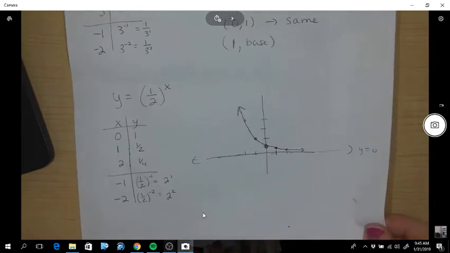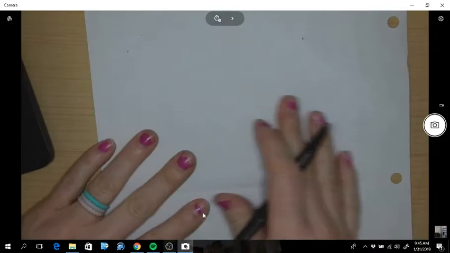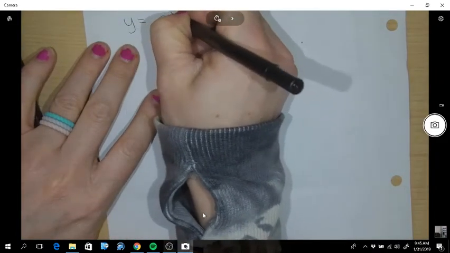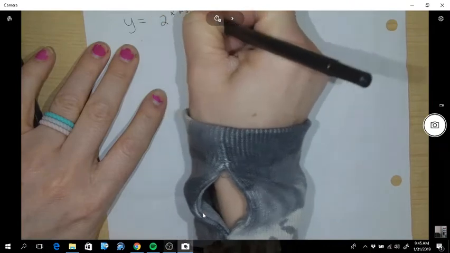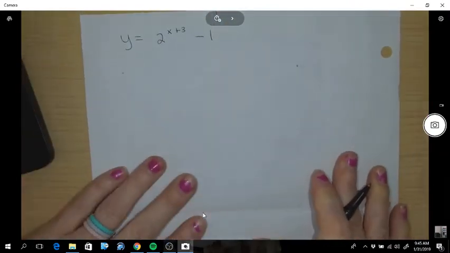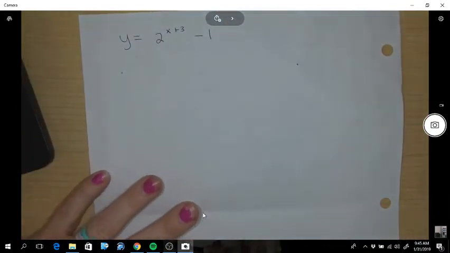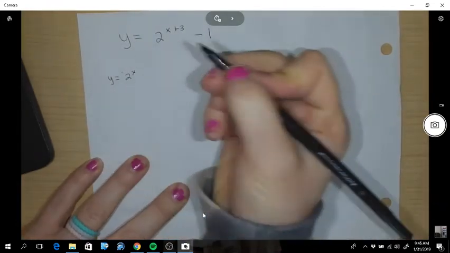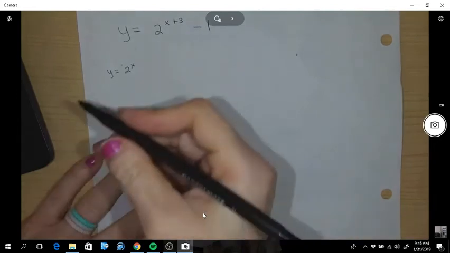So let's put some transformations on that, of course. So y equals 2 to the x plus 3, subtract 1. Okay, so let's just quickly do a rough sketch of y equals 2 to the x.